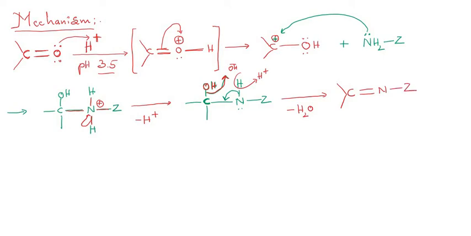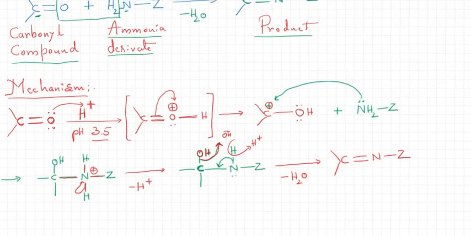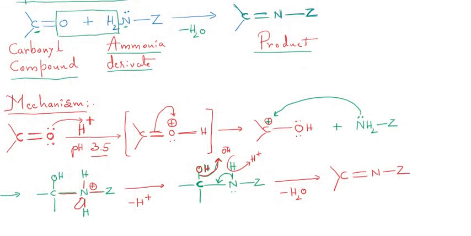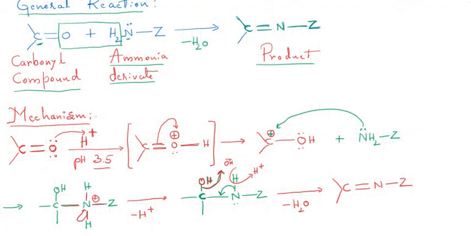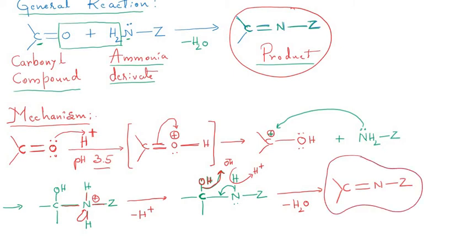Z. Is it clear, students? So we have written here already our product, right? You can see the product written above here. So this is our product, and through the mechanism we have also reached the same product, right?